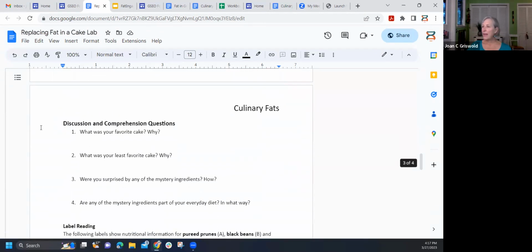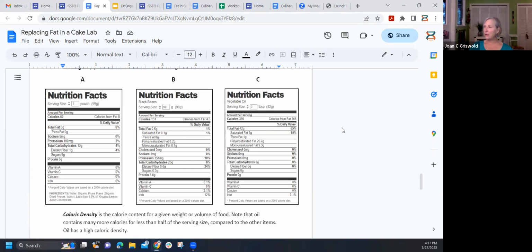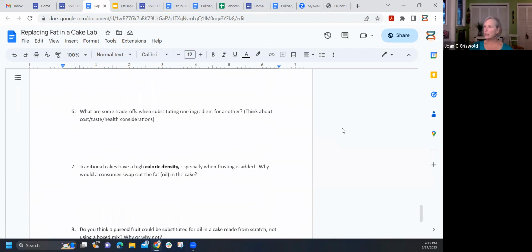And then there's the big reveal of, oh, well, I was using apricot baby food, and a lot of people like that just as well, and it tastes as good, and it really reduces the fat content quite a bit. So again, nutritional facts and some questions about that.